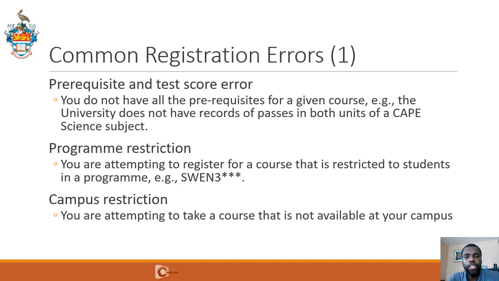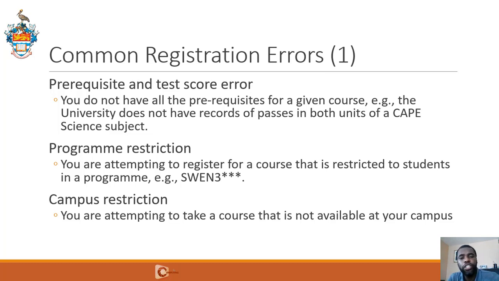A program restriction error will tell you that you are trying to register for a course that's restricted to students in a program. Okay. So for example, some of the SWEN courses are limited to students who have a major of software engineering or mobile application technologies.